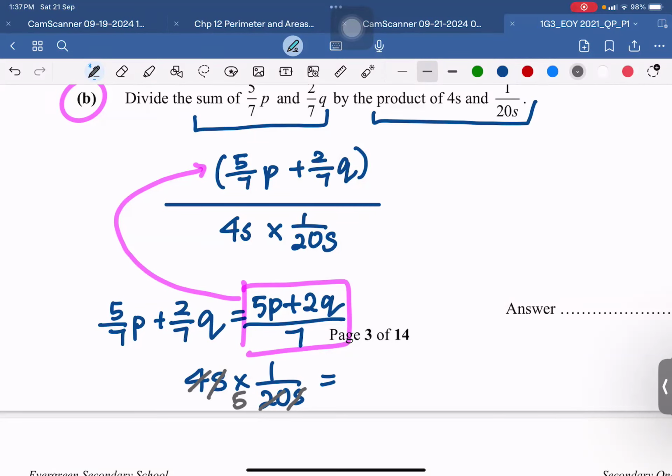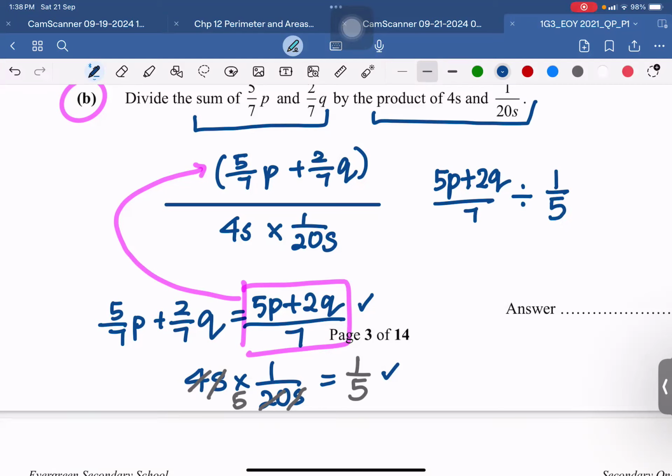So this whole thing simplifies to become 1 over 5. There's no more letter s. So then what we do now is take the numerator divided by the denominator, which is (5p plus 2q) over 7, divided by 1 over 5.